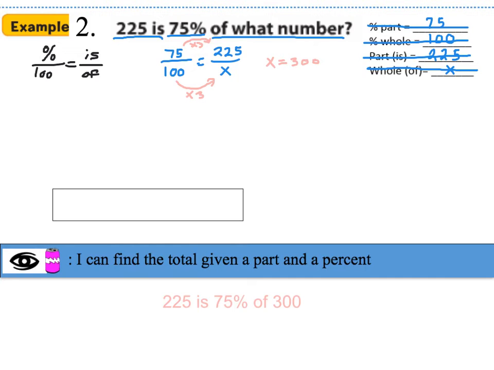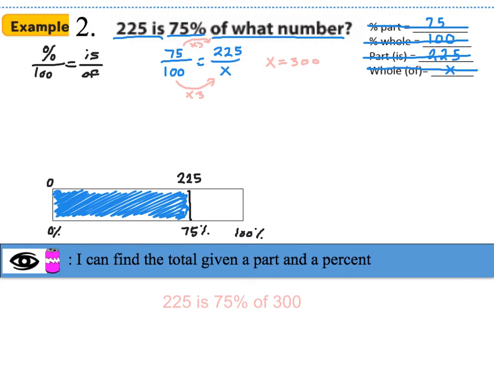So let's go ahead and draw the tape diagram so we can see what this looks like. So I've set up the problem from 0 to 100%. I know that 75%, because that's what the problem is giving me, goes about this location here. And the value of 75% was worth 225.